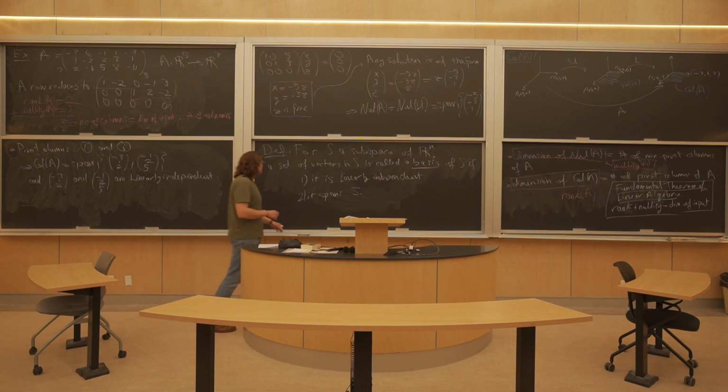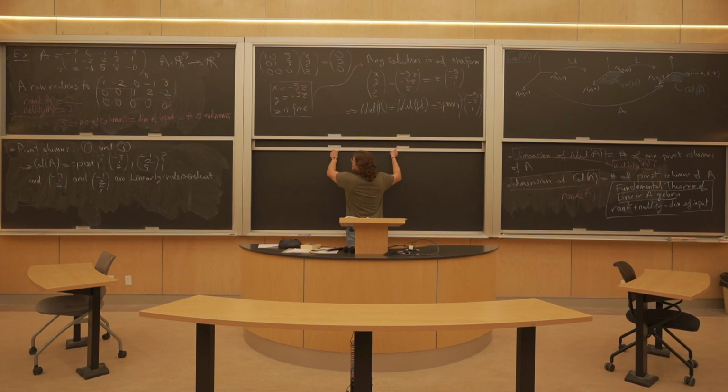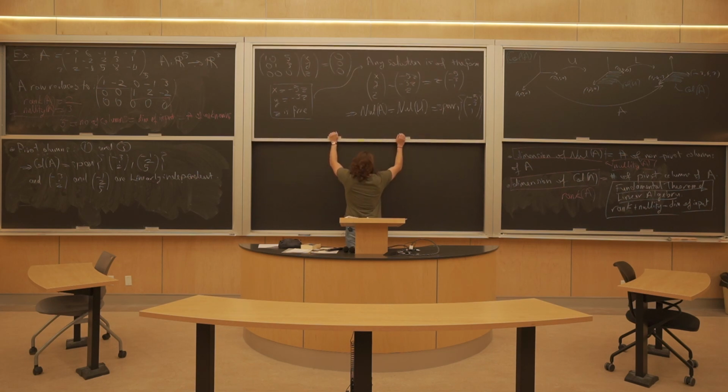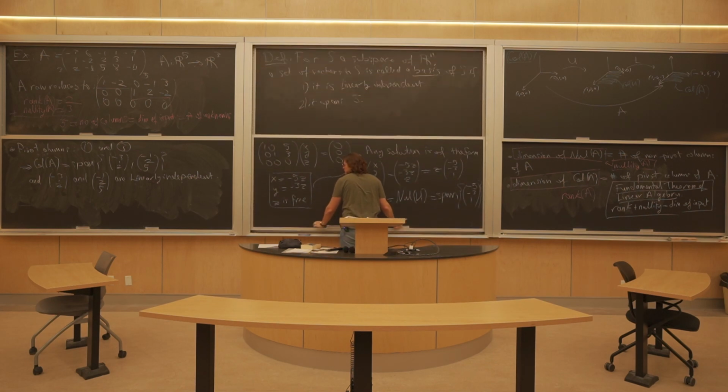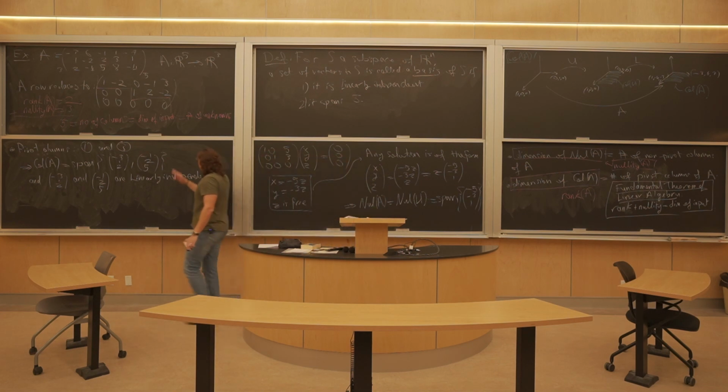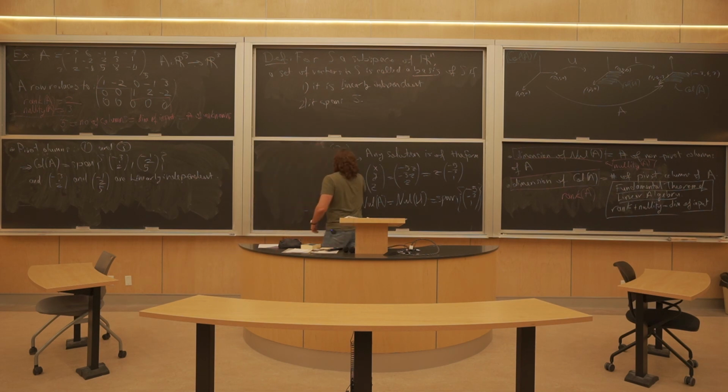For the null space, it's slightly easier, or maybe slightly harder compared to the column space. You do need to do some calculations. Let's just look at this. I look at the reduced echelon form, turn it back into a linear system, and I can write it like this.